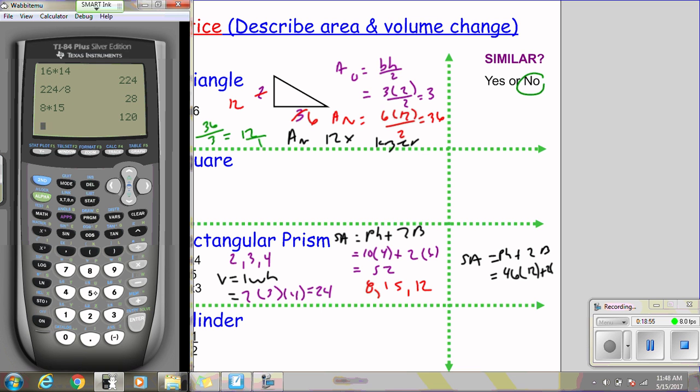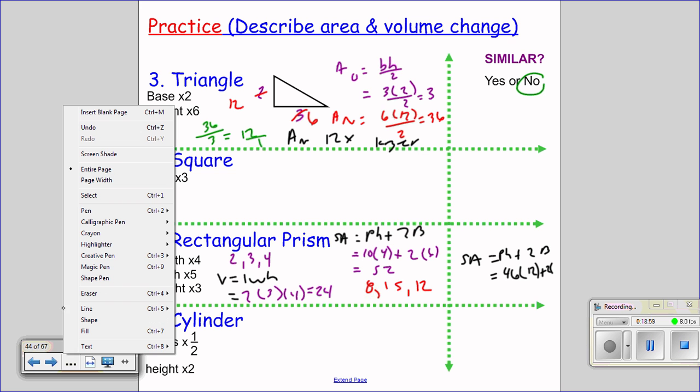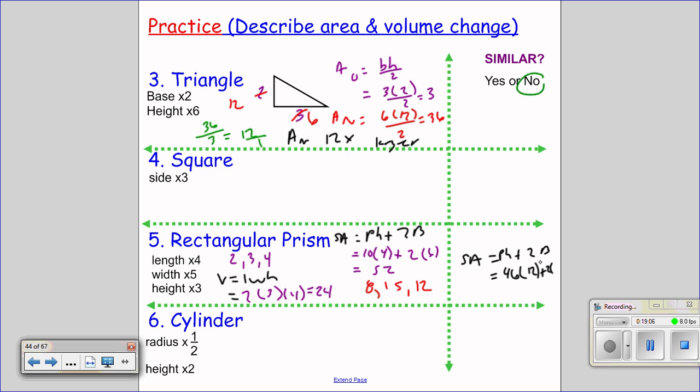That's 120. So 2 times 120. So my new surface area is 46 times 12 plus 2 times 120.